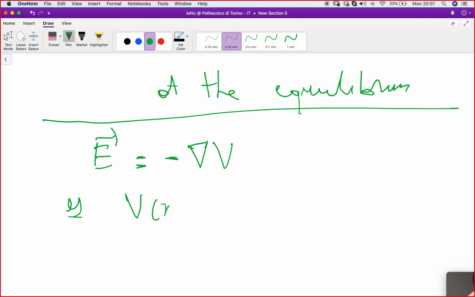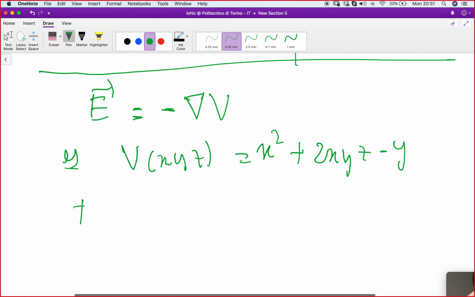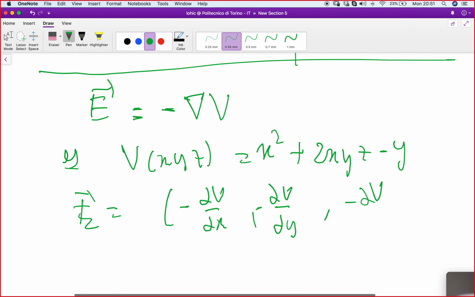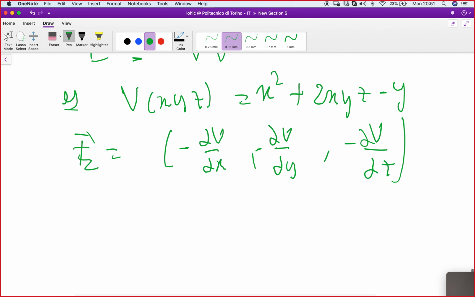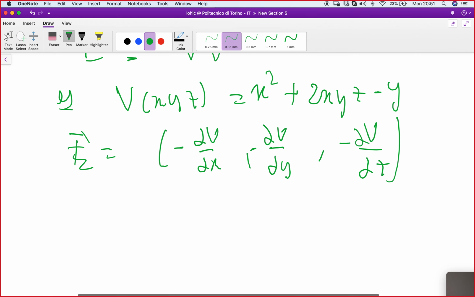If the potential is a function V of x, y, z, for example x squared plus 2xyz minus y, what will be the field? The field is minus the gradient, which means minus the derivative of V with respect to x, minus the derivative of V with respect to y, and minus the derivative of V with respect to z. This is the meaning of minus the gradient.